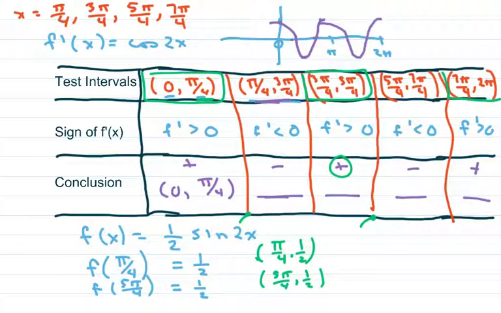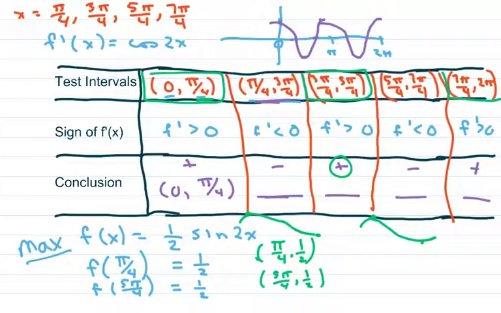And for the minimum, we're going to be looking at where it's decreasing. So here it's decreasing, goes back down. And then here it's also going back down.